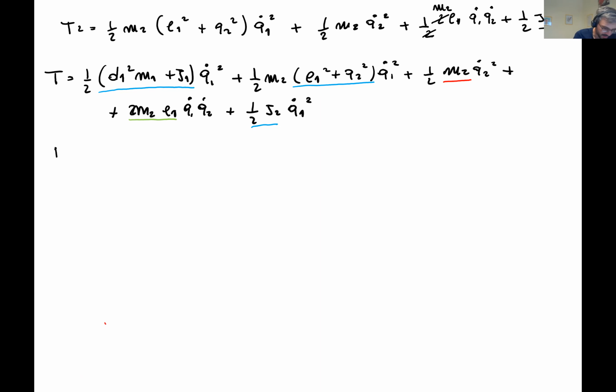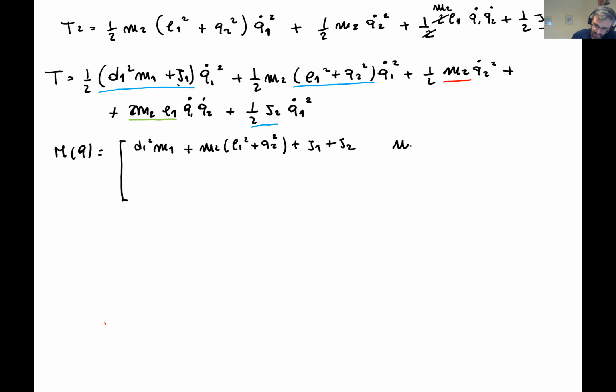Therefore, the mass matrix, the inertia matrix is D1 squared M1 plus M2 L1 squared plus Q2 squared plus J1 plus J2.